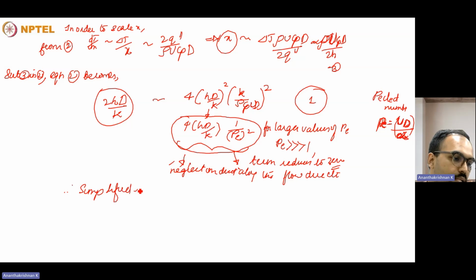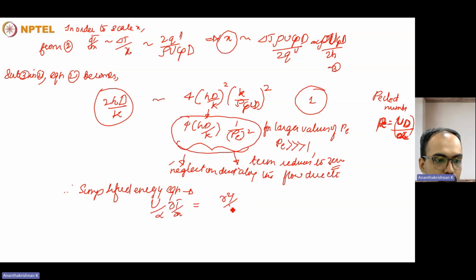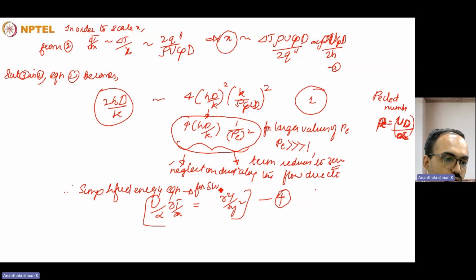So the simplified energy equation will become U by alpha dou T by dou x is equal to dou square T divided by dou y square. So this is the simplified energy equation for slug flow, and this is the energy equation that we will be using from this point onwards.